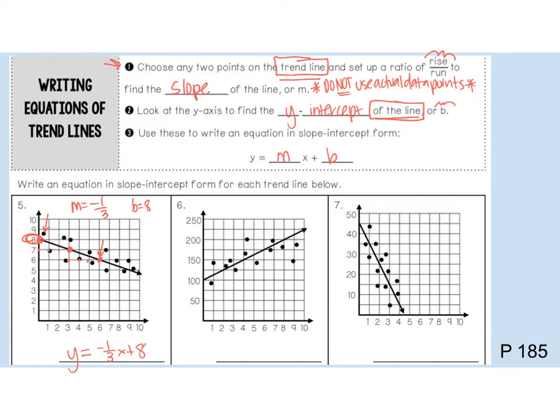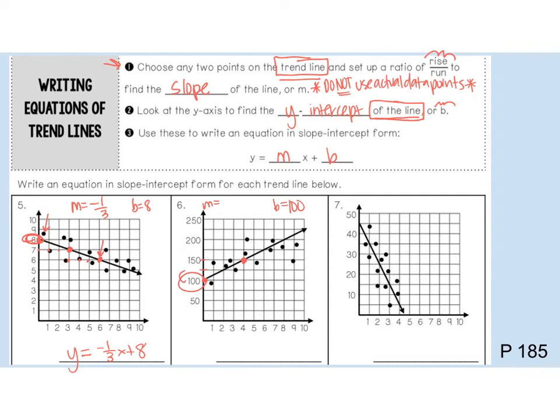For number 6, we're going to pull out our slope and our y-intercept. Our y-intercept seems to be right here at 100. Our slope, let's see if we can find another point on the line. Here's one. I rise 1, 2, but it's not actually 2, is it?